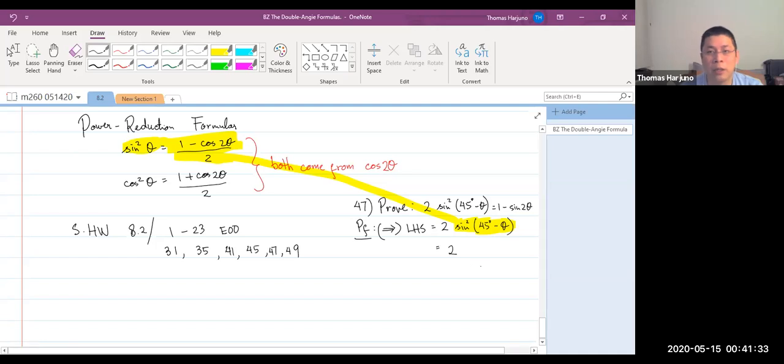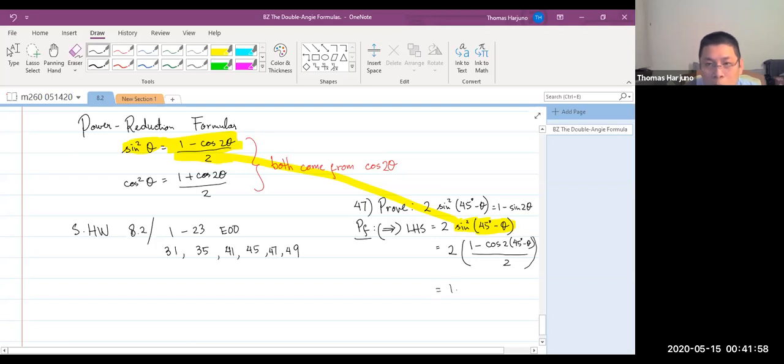So that will be 2 times parentheses 1 minus cosine of twice, 2 times 45 degrees minus theta, over 2. Do you see that? Let me take care of the 1/2 first.